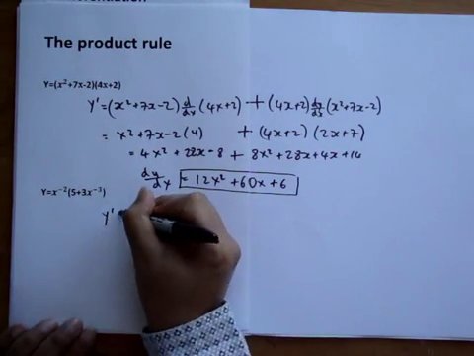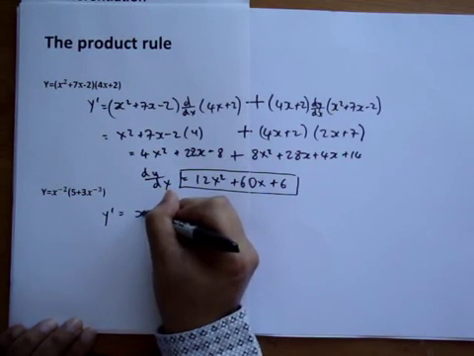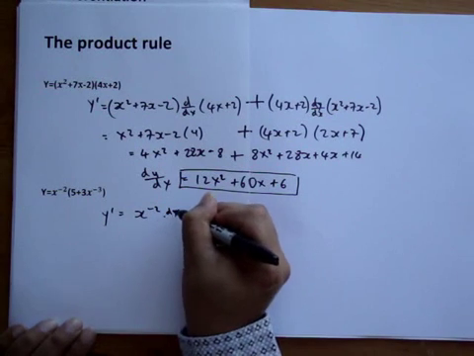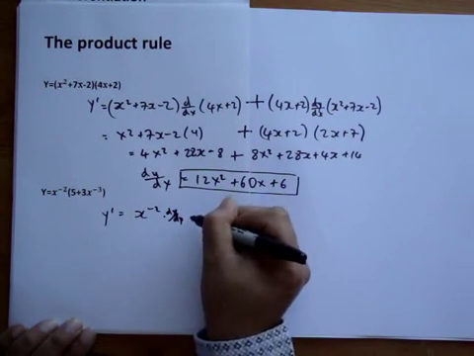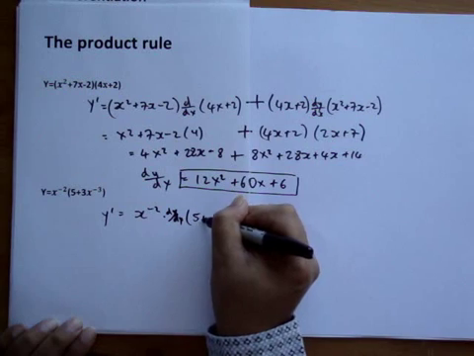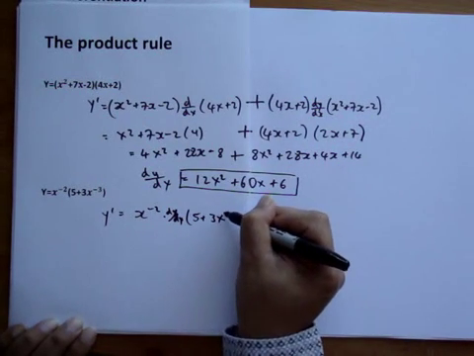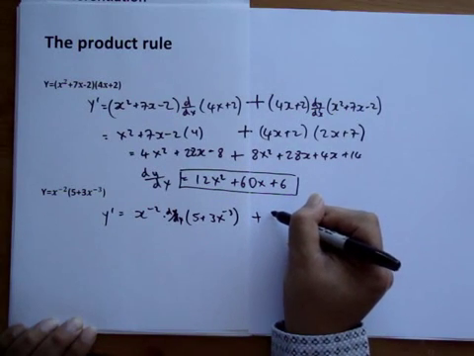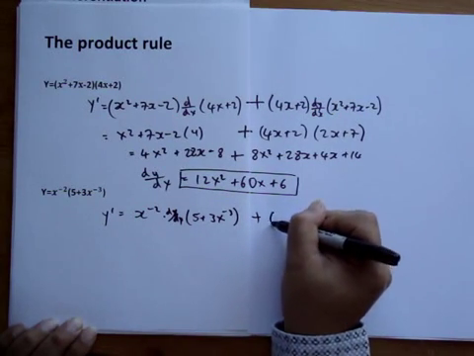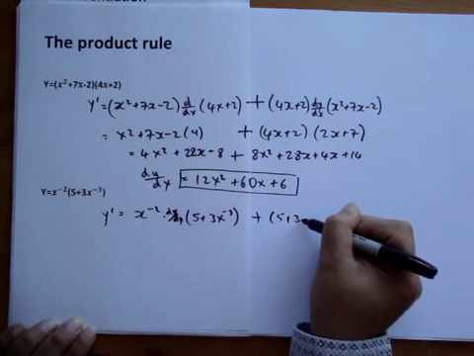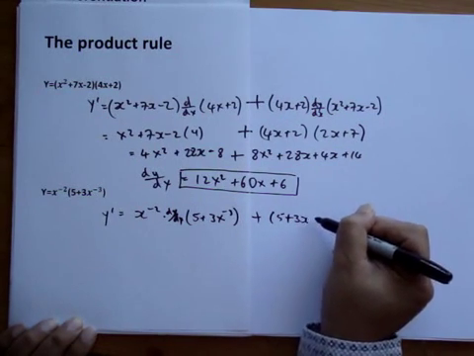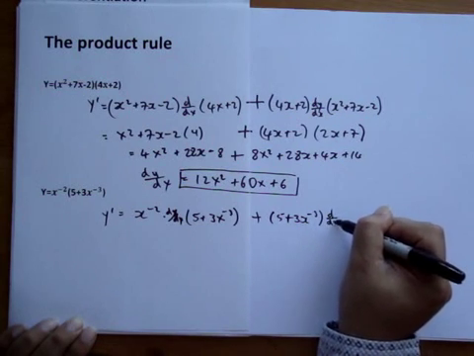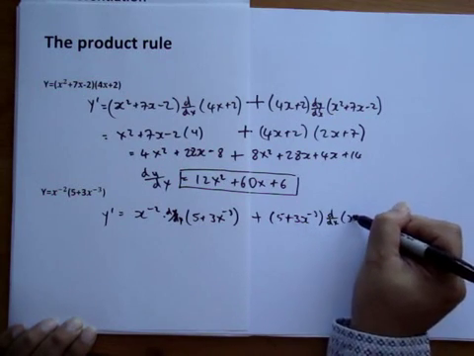So y prime is first term x minus 2, d by dx rather, second term 5 plus 3x to the minus 3, plus second term multiplied by the derivative of the first term.